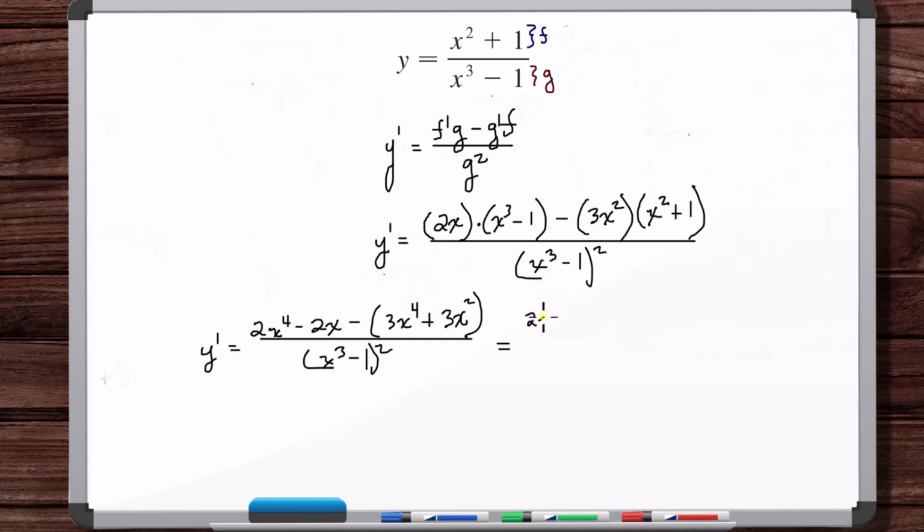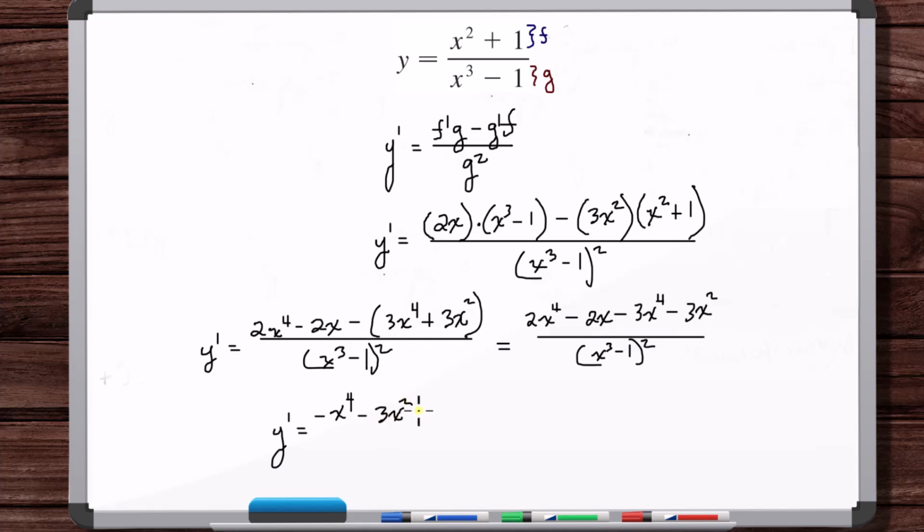Okay, so 2x to the fourth minus 2x minus 3x to the fourth minus 3x squared. Okay, so 2x to the fourth minus 3x to the fourth is minus x to the fourth, minus 3x squared minus 2x.